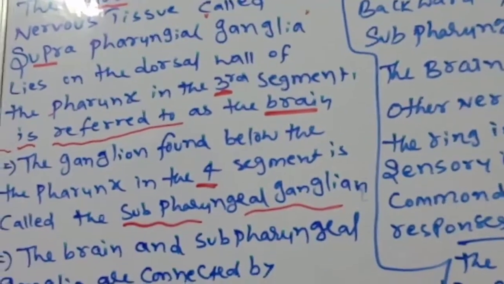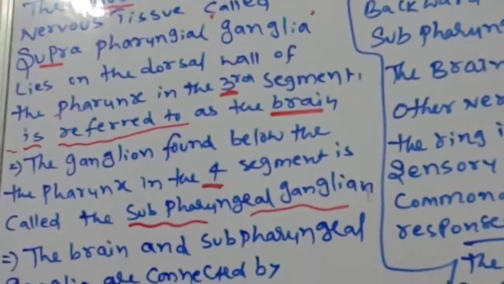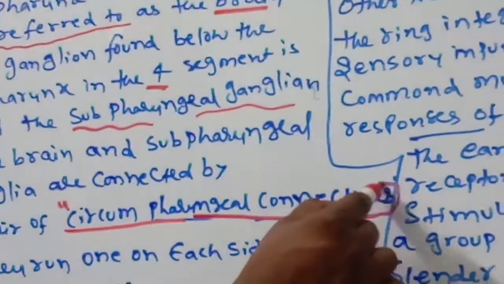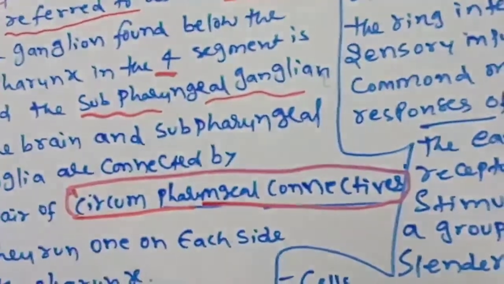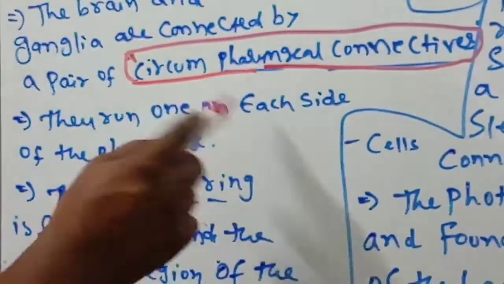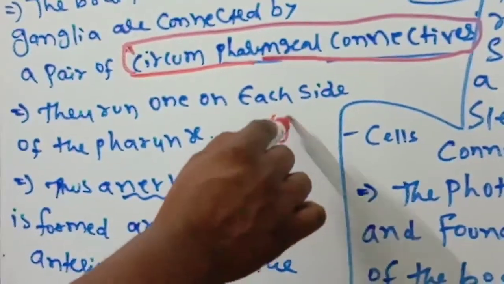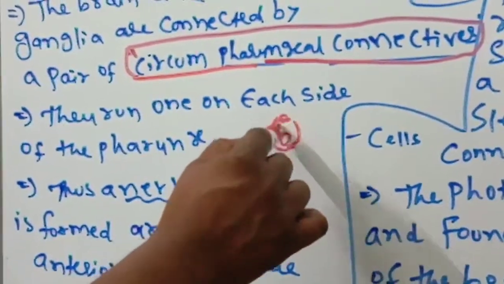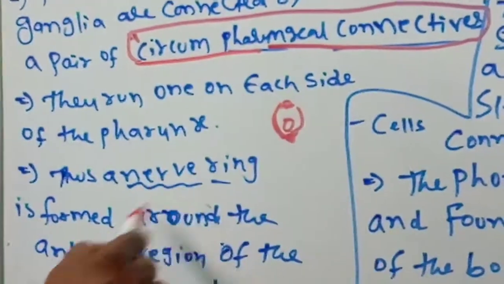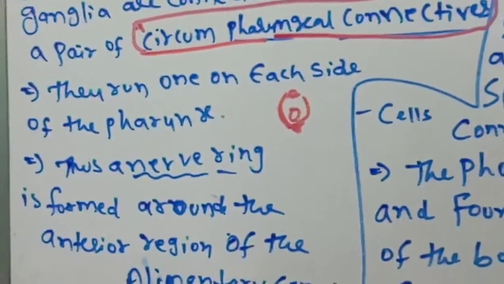Supra and subpharyngeal ganglia are connected by a pair of very important circumpharyngeal connectives. They run one on each side of the pharynx. So this is the pharynx, this is supra, this is sub, and they are connected like this.